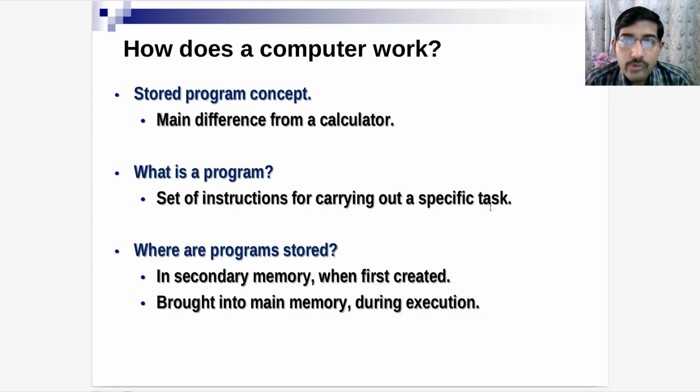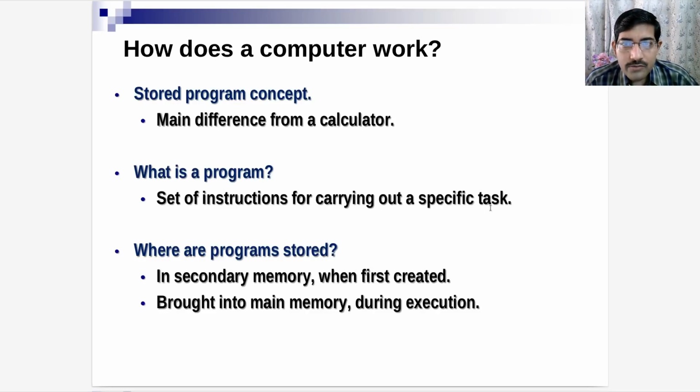It is not the case that we only do arithmetic operations here. You see a movie in the computer. You open a browser and surf the net in the computer. You write in a Word file in a computer. So all these different sets of activities can be triggered in a computer, whereas a calculator is very special purpose.